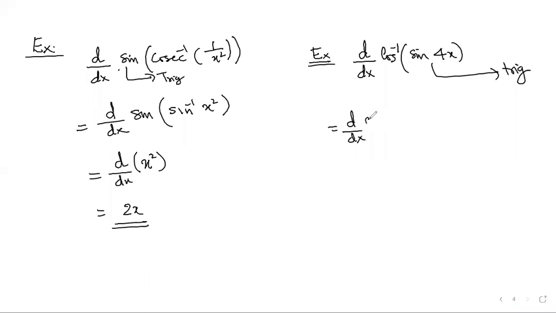Pi by 2 minus 4x. Very good. Sine will become cos, and the angle will become 90 minus, pi by 2 minus 4x. So what do you need to remember?